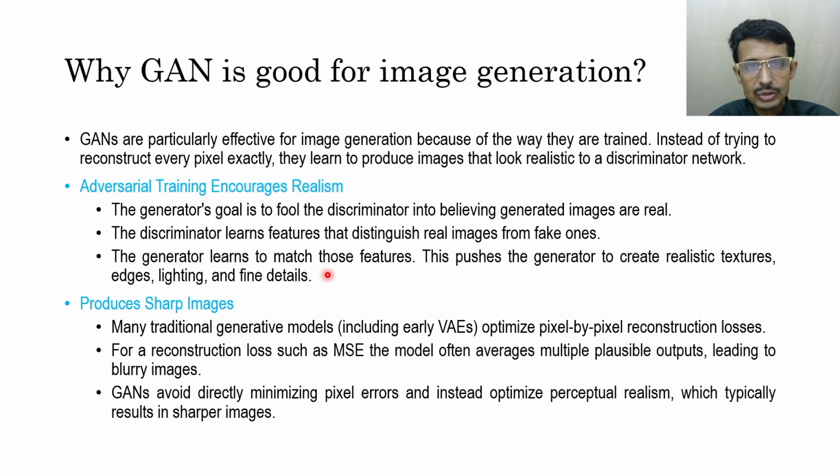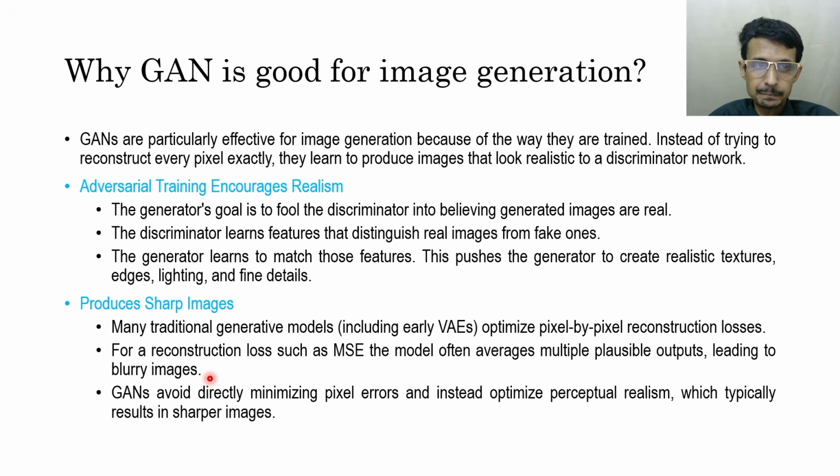The generator learns to match those features. This pushes the generator to create realistic texture, edges, lighting, and fine details, and it produces sharp images. Many traditional generative models, like variational autoencoders, optimize pixel-by-pixel reconstruction. For reconstruction of such images, the model often averages multiple possible outputs, okay?